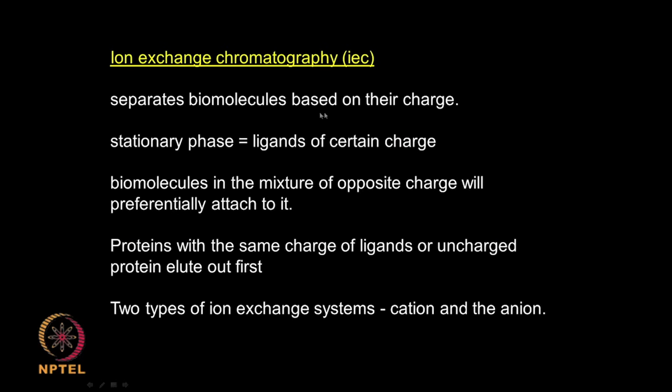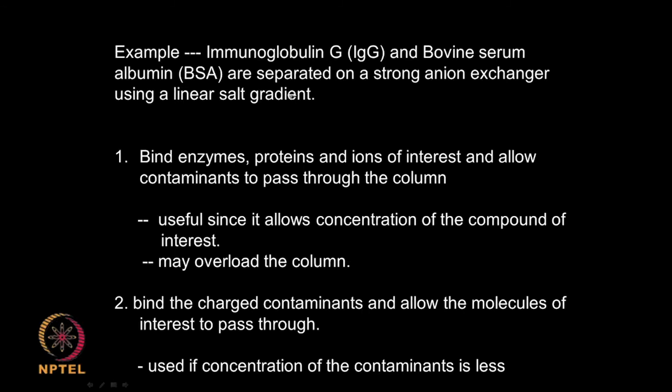It separates biomolecules based on charge, with a stationary phase carrying ligands of a certain charge. So, it is all based on charge. Biomolecules of opposite charge will attach to it, whereas those with the same charge will pass through, obviously. So, we can have cation and anion exchangers. Immunoglobulin G and bovine serum albumin are separated on a strong anion exchanger using a linear salt gradient.